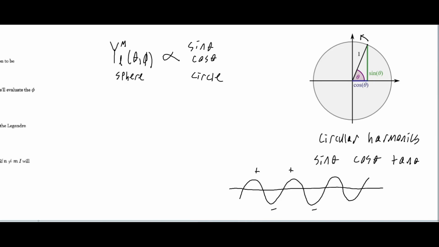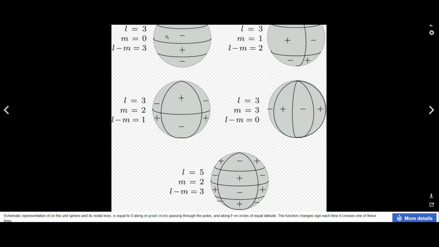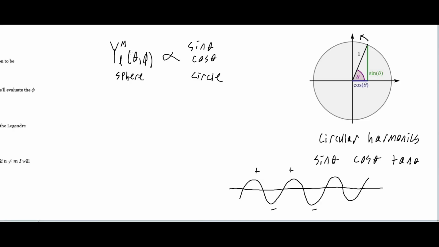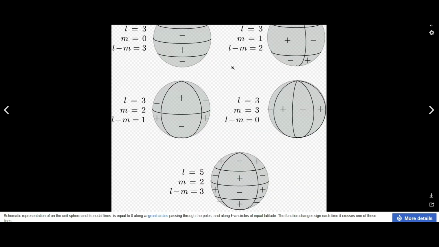And so that is what is actually happening on the surface of these spheres for these different values of L and M. So putting different values for L and M in our spherical harmonics gives us these different functions on the surface of a sphere.